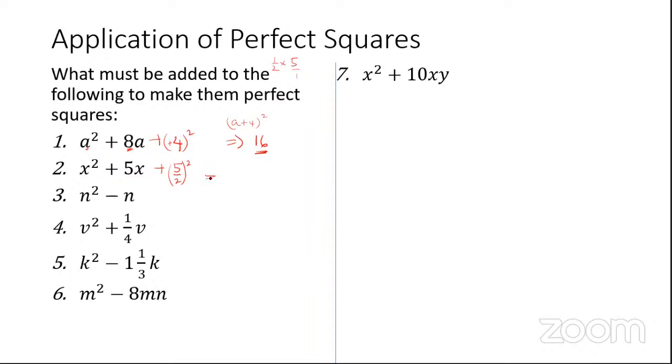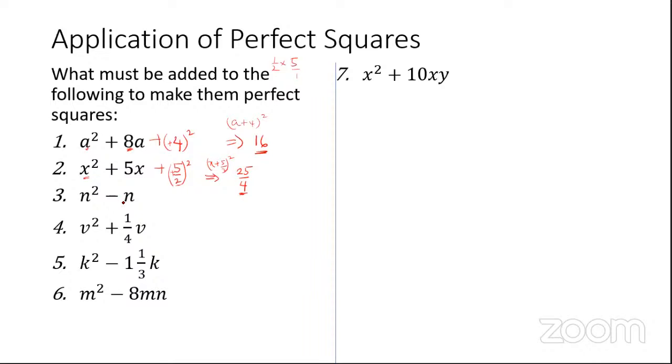So 5 squared is 25, and 2 squared is 4. That would be 25 over 4. And if you need to express how to factorize it, just take x here, take 5 over 2 here, this is plus, and square them. So this is x plus 5 over 2, everything squared. So that is that. Let's look at the next one.